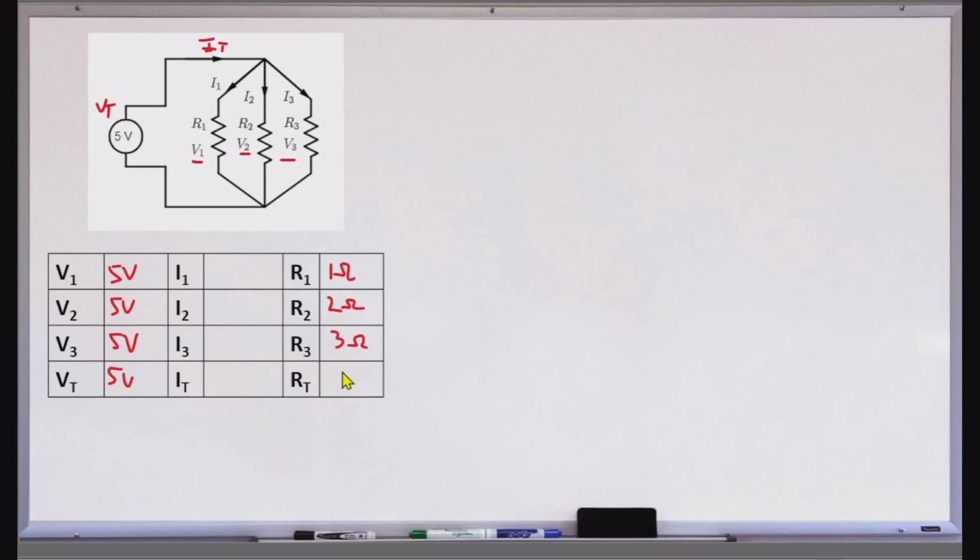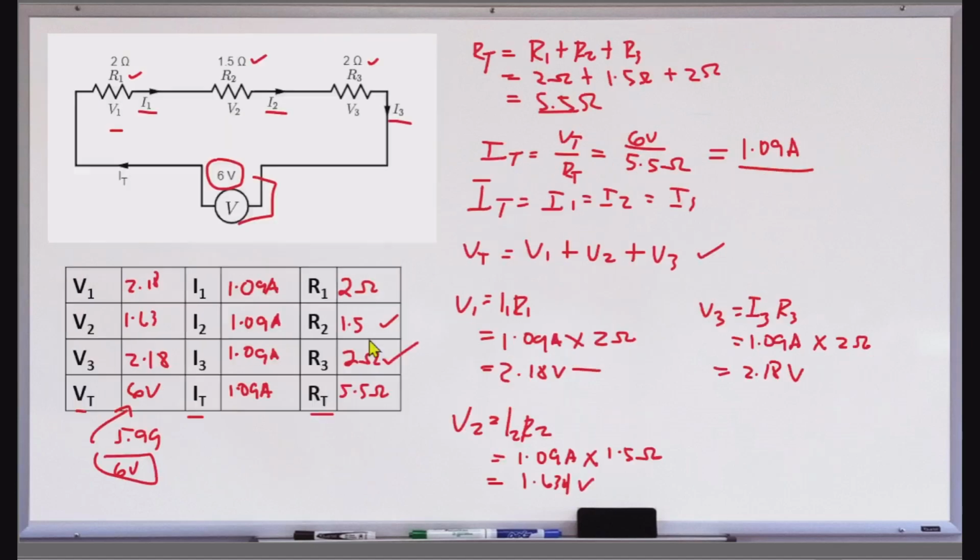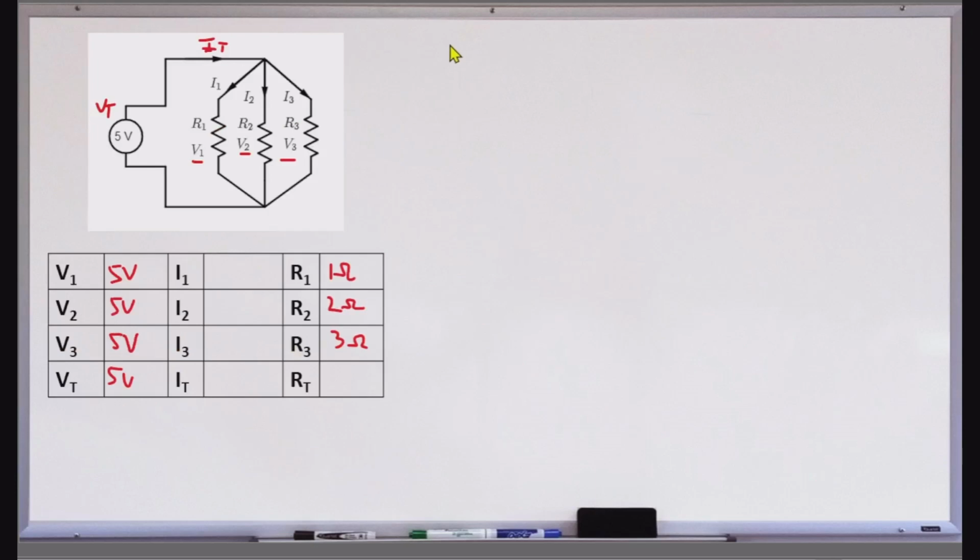Now we need to resolve for the equivalent resistance. This time, let us use the second method, the fraction method, or whatever they call it. For the sake of our discussion, let's just call it the fraction method.